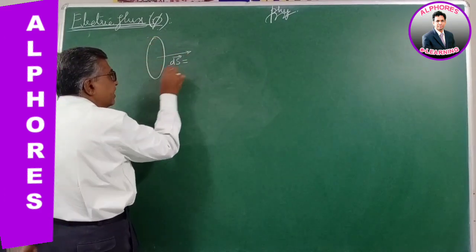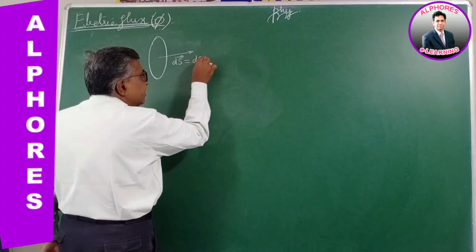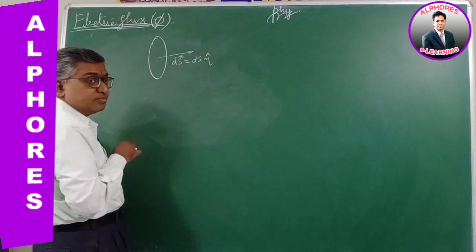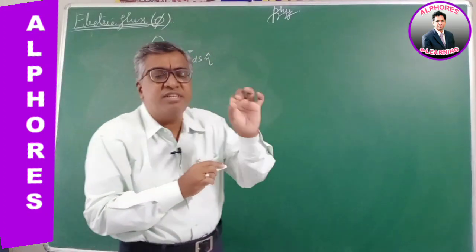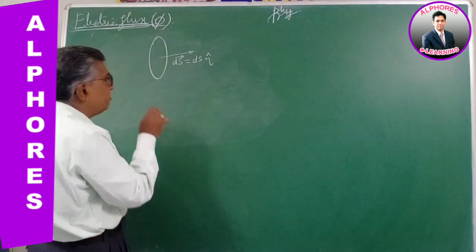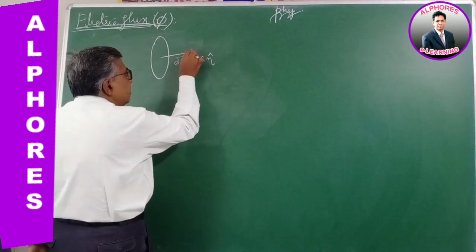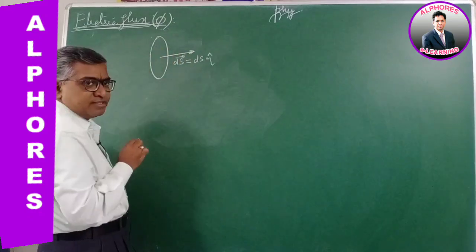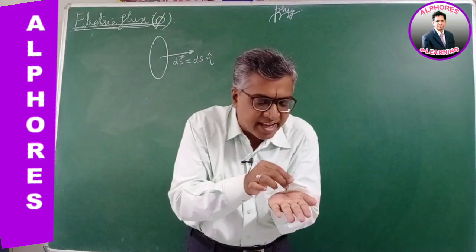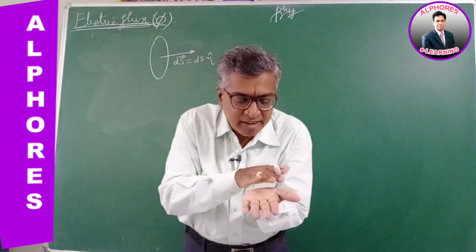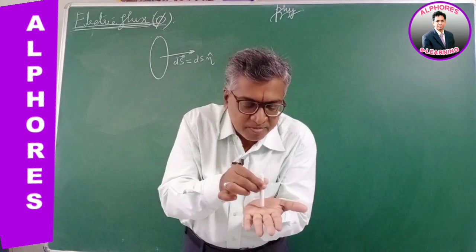It is the magnitude of this area, dS, into n cap. n cap is the unit vector, normally away from the surface. Suppose I take this area, this is the area element, then for this plane the normal is like this.